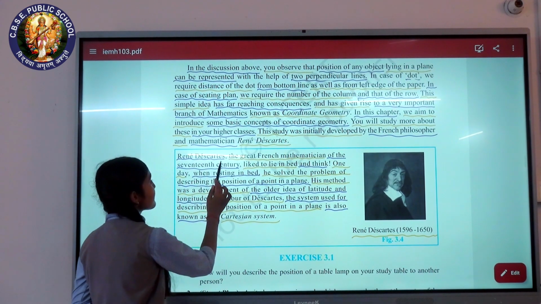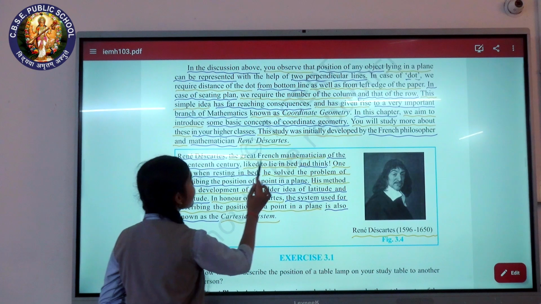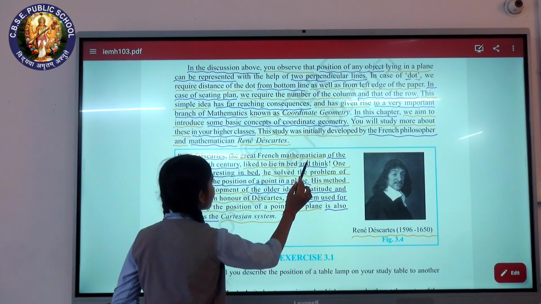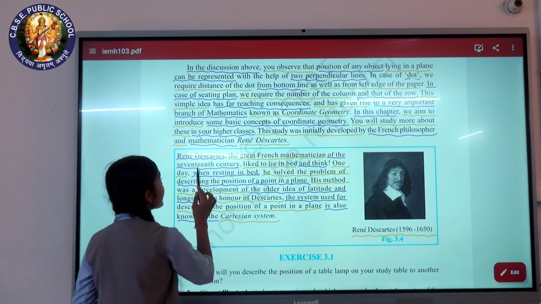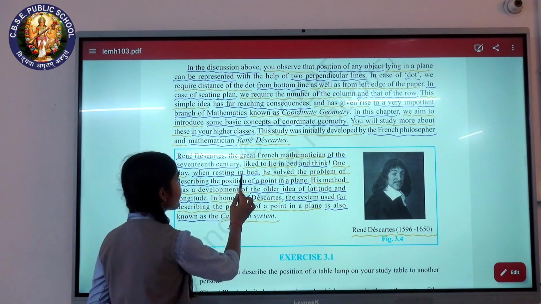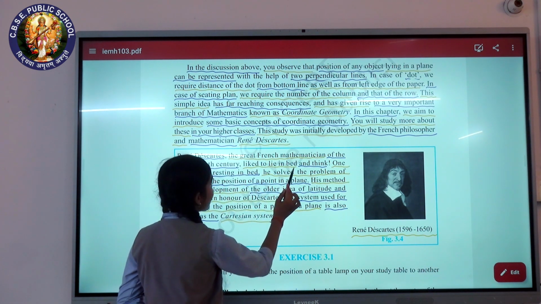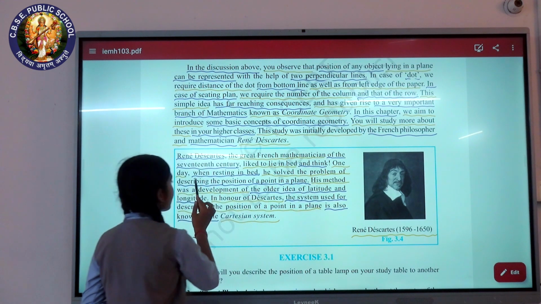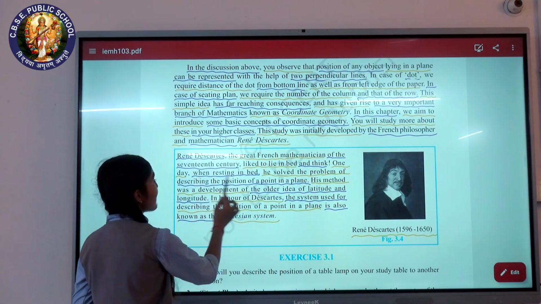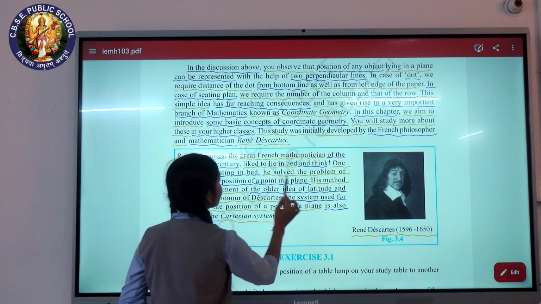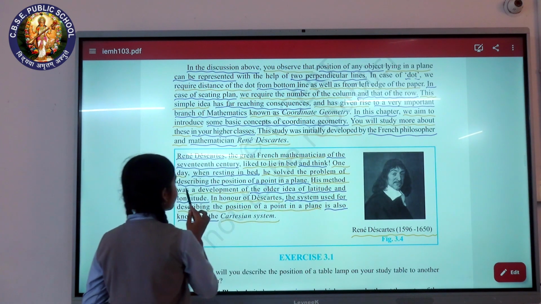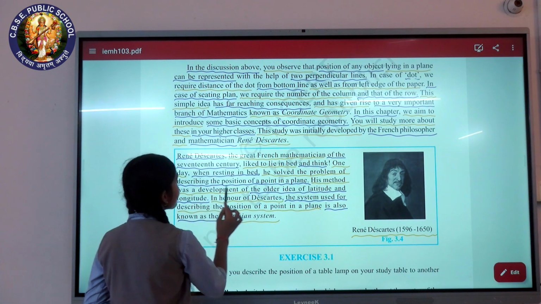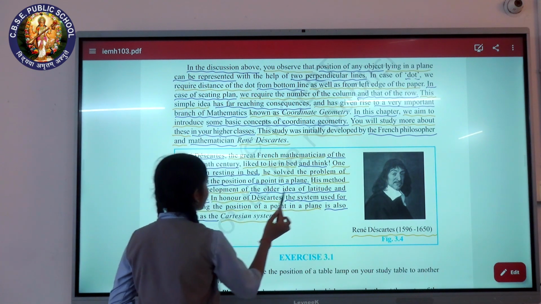René Descartes, the great French mathematician of the 17th century, liked to lie in bed and think. One day, when resting in bed, he solved the problem of describing the position of a point in a plane.